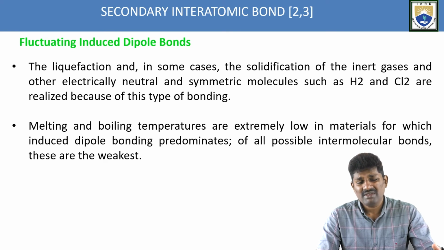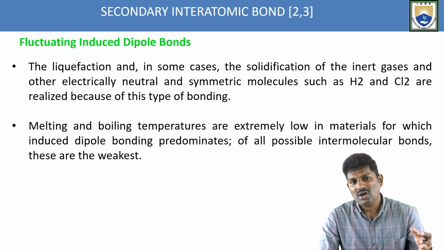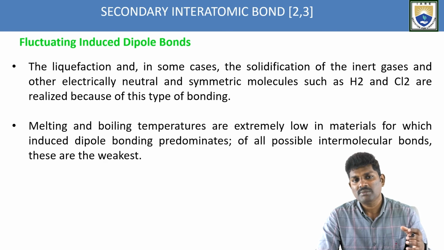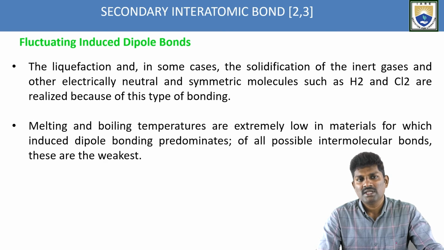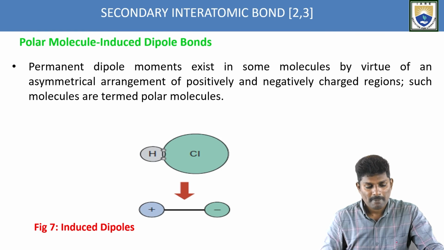So that's why these are the weakest. So during the process of solidification or liquefaction, as well as the melting and boiling temperatures, because there are a lot of changes in the positions or the symmetry, unsymmetrical conditions, we are getting very less energy between them.